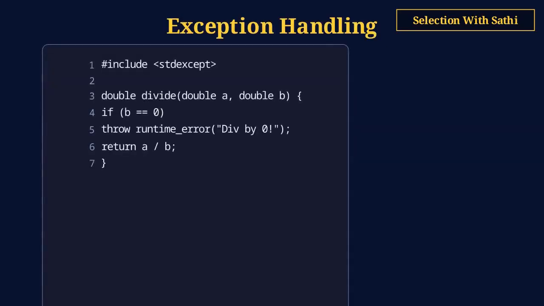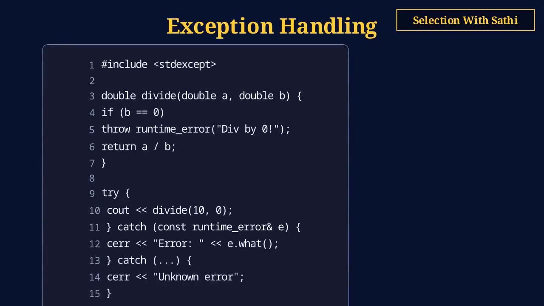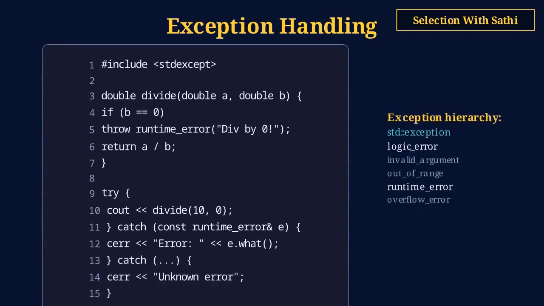Third concept, exception handling. The try block contains code that might throw an exception. Throw creates an exception object and immediately unwinds the stack, calling destructors along the way until it finds a matching catch block. The catch block handles the exception by type.